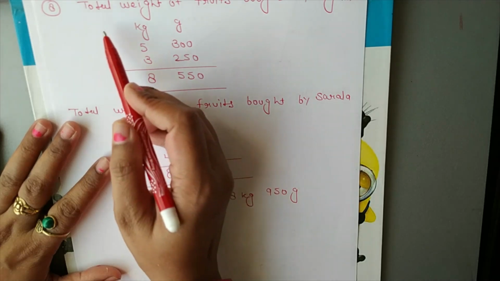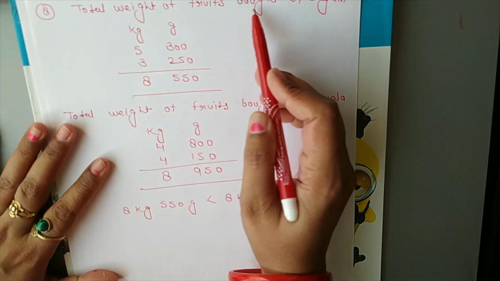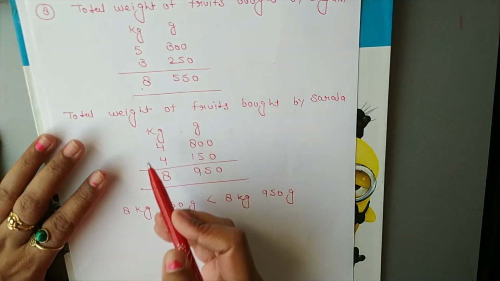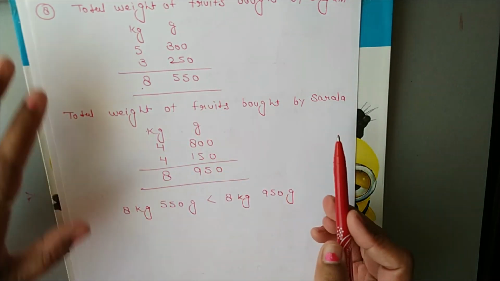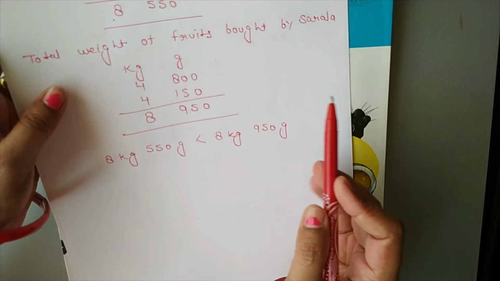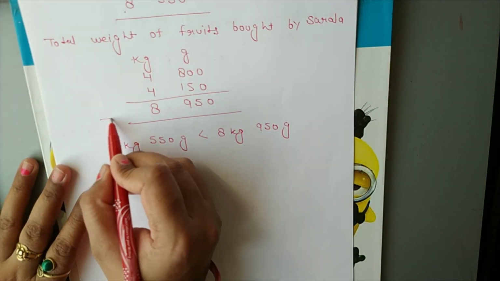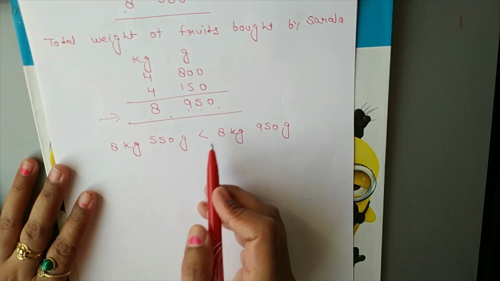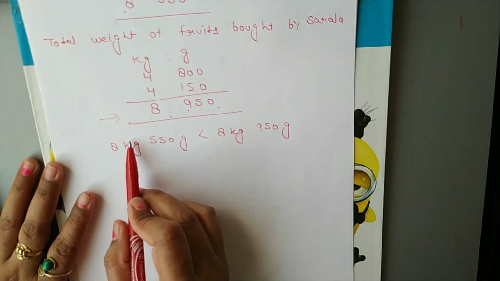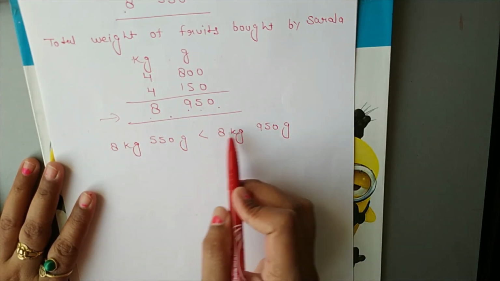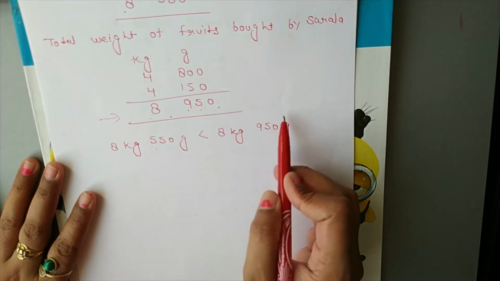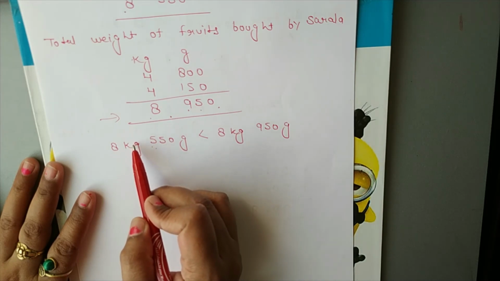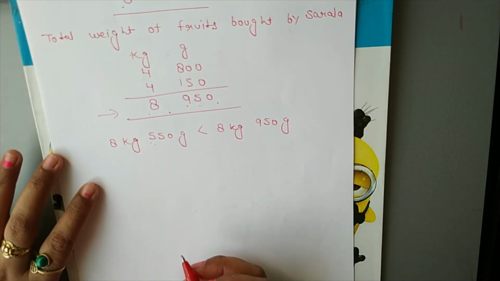We have to add the total weight of fruits bought by Shyam, that is 8 kg 550 gram. Then the total weight of fruit bought by Sarla, that is 8 kg 950 gram. We have to compare this. The 8 kg are equal, then we compare the gram value. This is greater than this, so it means Sarla bought more fruits.